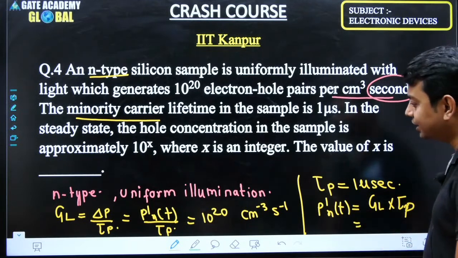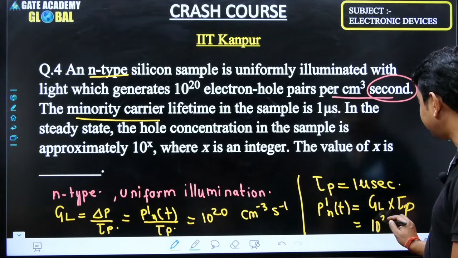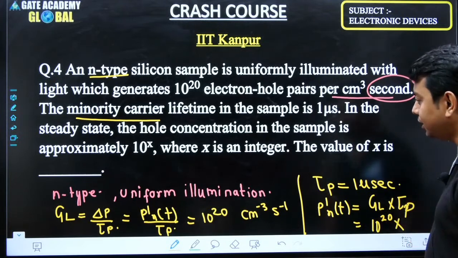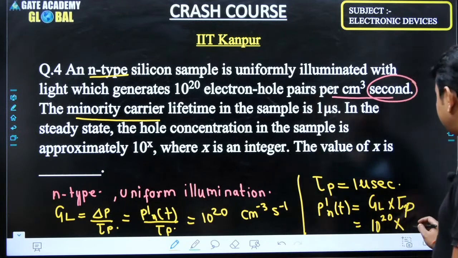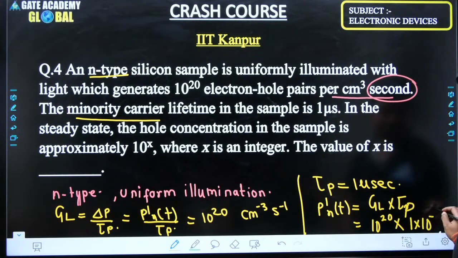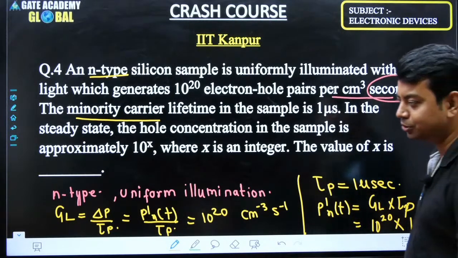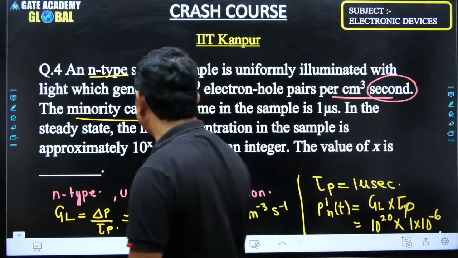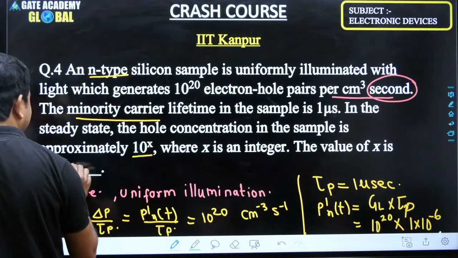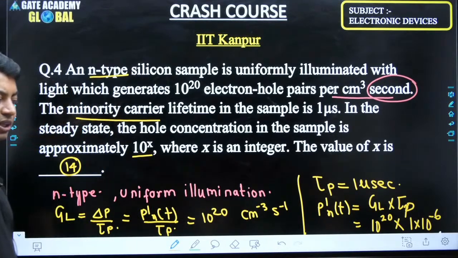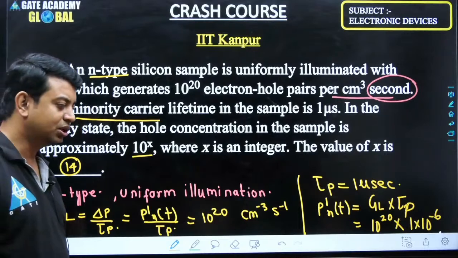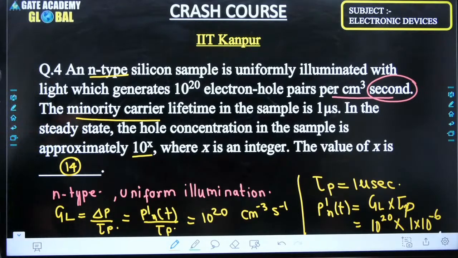So GL is 10 to the power of 20, and tau p, which is given in the question, is 1 into 10 to the power of minus 6. So that is 10 to the power 20 multiplied by 10 to the power minus 6, which gives 10 to the power 14. Then the value of x is equal to 14. So this is another important question, and Advaith is answering so properly and so quickly that I must appreciate his answer, okay.